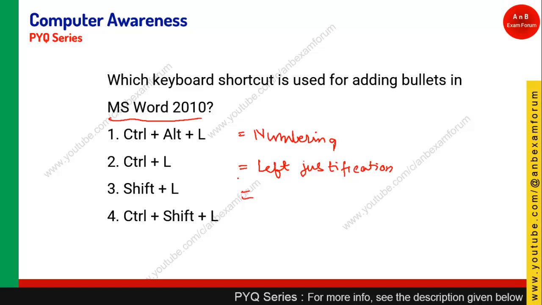If a letter is in small case and you press Shift plus L, a capital L will be printed, so this is a toggle case. Coming to the last, Control Shift plus L, that is for bullets. So don't confuse it with Control plus Alt plus L, which is for numbering. Control plus Shift plus L is for bullets in MS Word. So option 4, those who have given it, they are right.